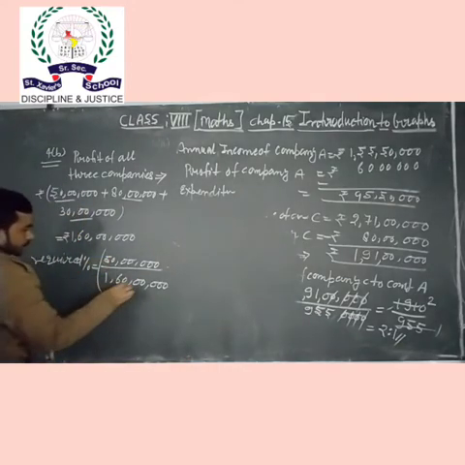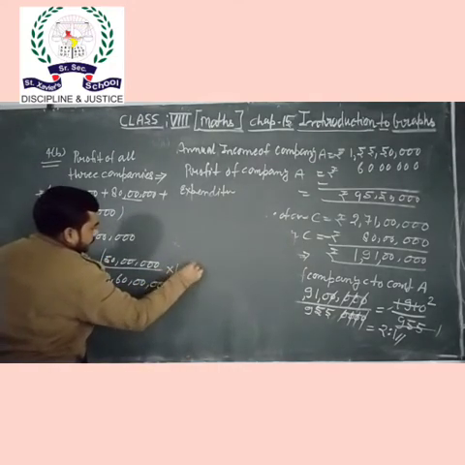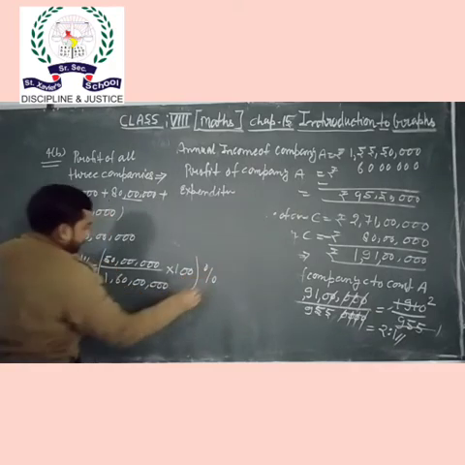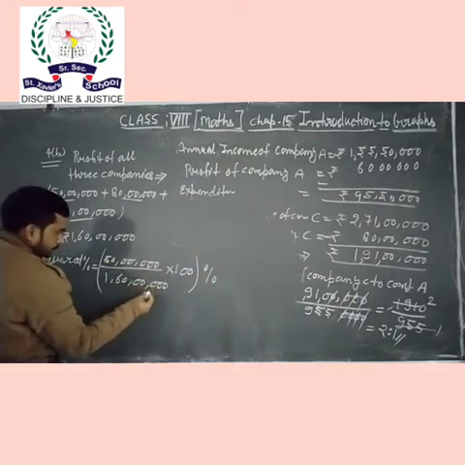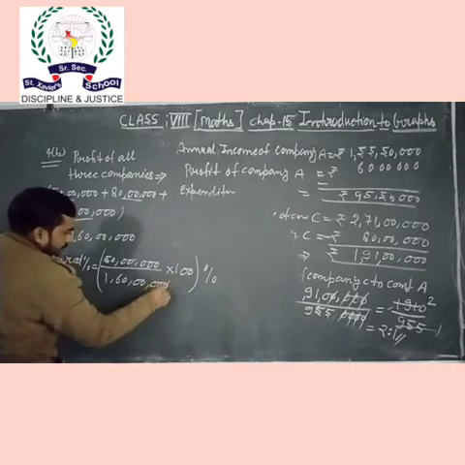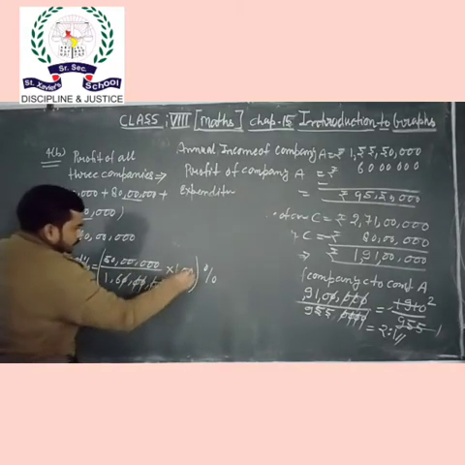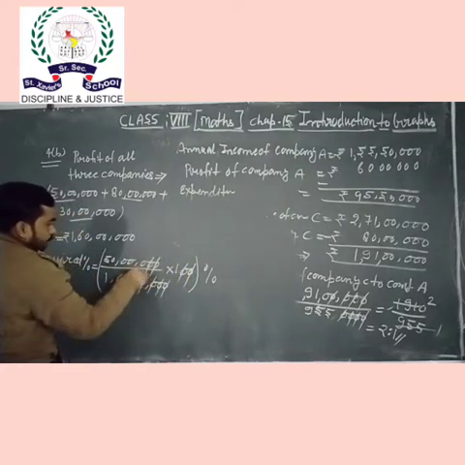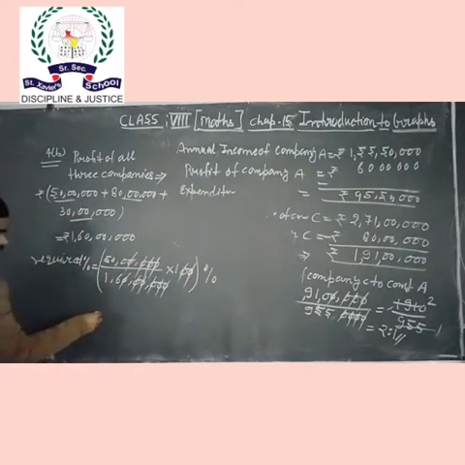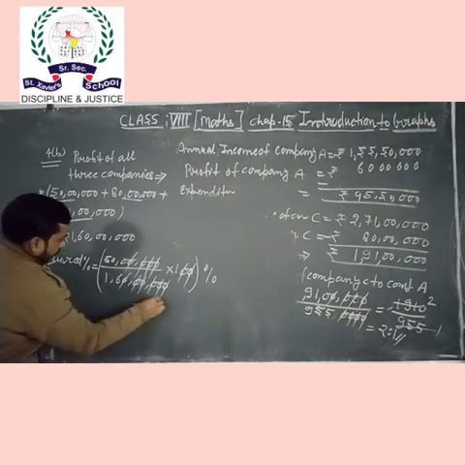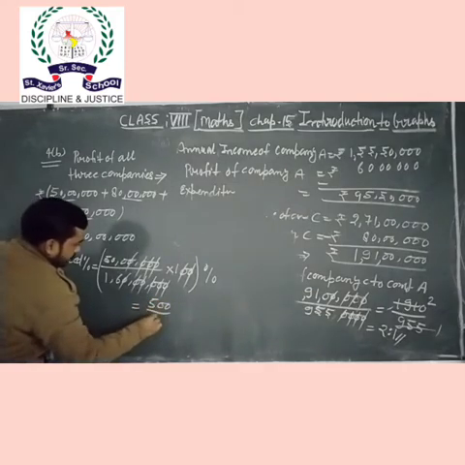We want percent, so multiply by 100 and put the percent symbol. Cancel the zeros: 6 zeros in the numerator and denominator. So 500 upon 16.